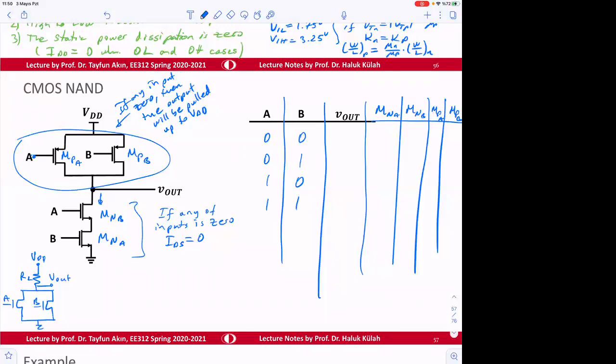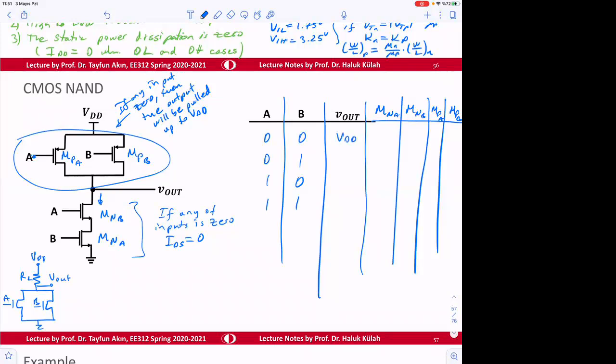Therefore, if you want, we can fill that form, or we can just write that the output is going to be VDD.